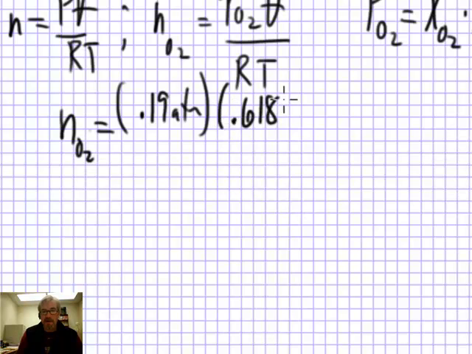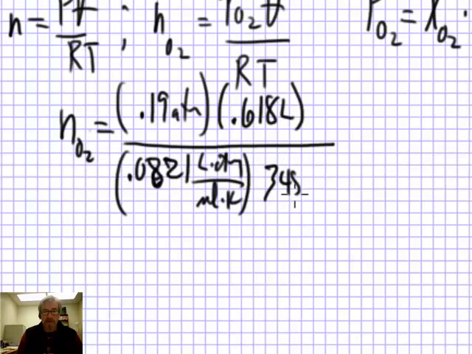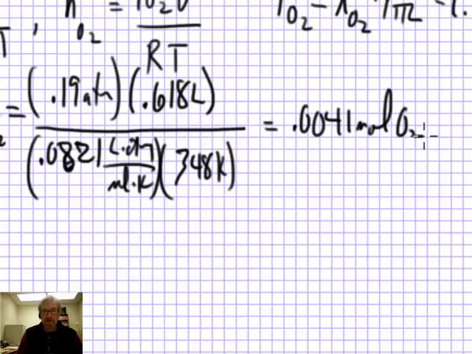Plug in R, 0.0821 liter atmospheres per mole Kelvin. And then our temperature, that was 75 degrees C, and 75 degrees C is 348 in kelvins. So this works out to 0.0041 moles of oxygen in the cylinder.